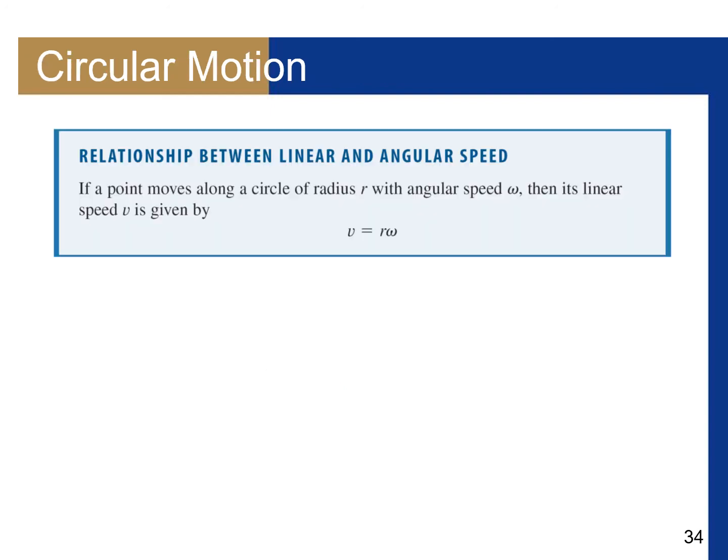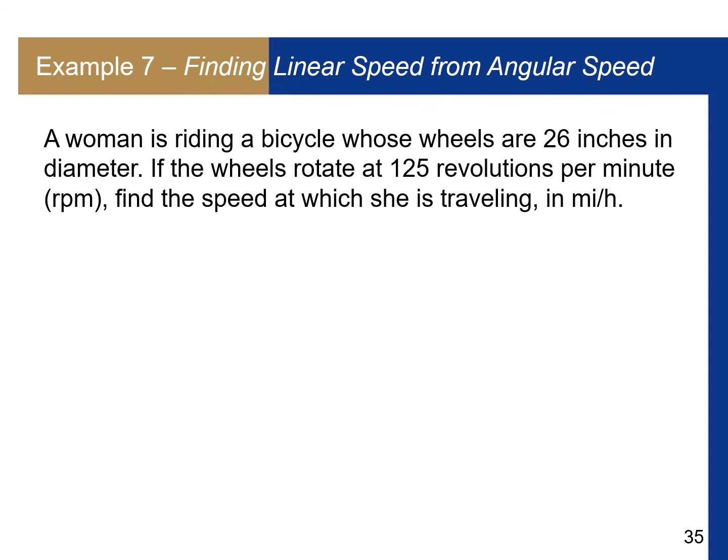Now the relationship between angular and linear speed: if a point moves along a circle of radius r with angular speed w, then its linear speed v is given by v equals r times w. So if you have a woman riding a bicycle whose wheels are 26 inches in diameter, and the wheels rotate 125 revolutions per minute, find the speed at which she's traveling in miles per hour.